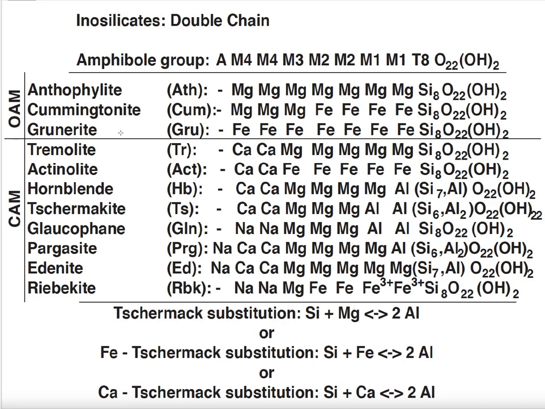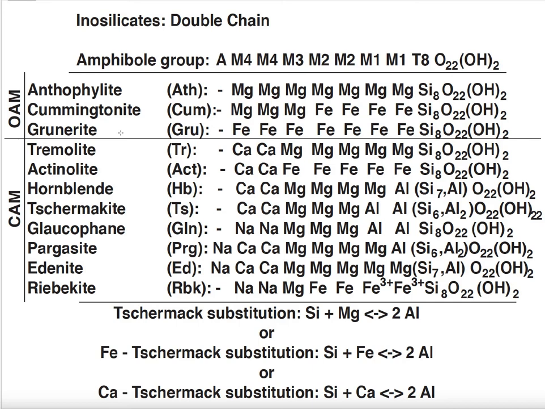So, and then we have the mineral chemical formula Ca2, Mg4, Al2, Si7, O22, OH2. And the shortcut for hornblende should actually be Hbl.